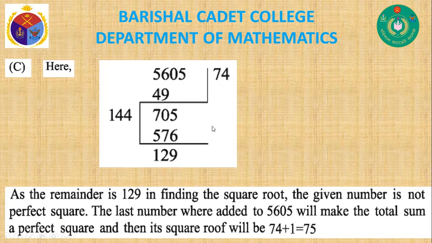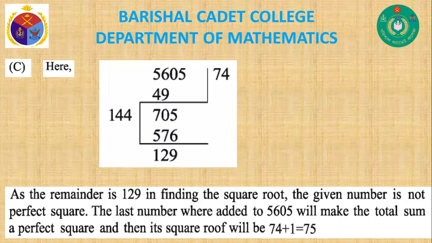I am clearing it again. First of all, we have tried to find the square root of this number, and we have shown that it is not a perfect square because the remainder is 129. So the least number that, when added to 5605, will make the total sum a perfect square, then its square root will be 74 plus 1, that is 75.